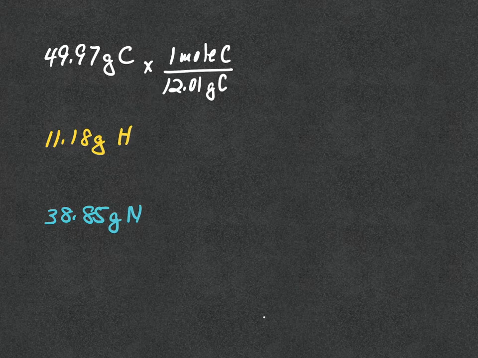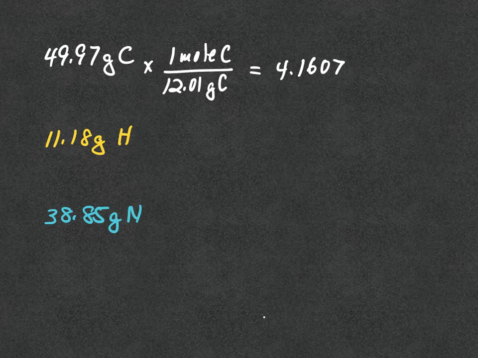Note, we're in grams instead of milligrams here because we've got more material. And that's going to give us 4.1607 moles of carbon, right? And I'm keeping extra decimal places because I'm not at the end of my calculation, right? So significant figures are not an issue at this point, right?